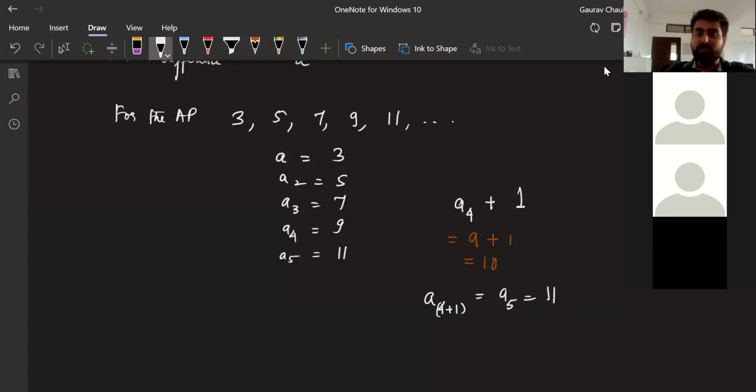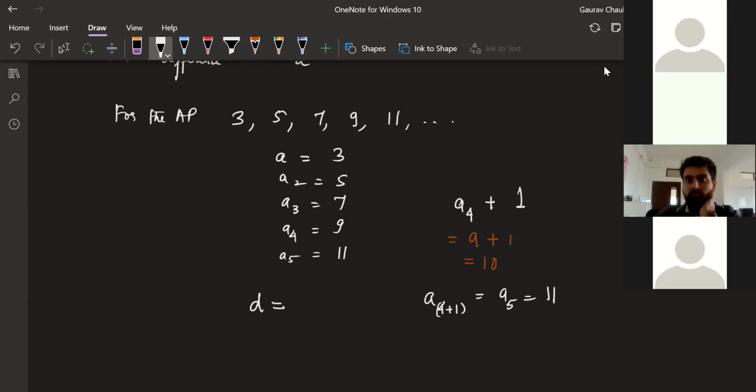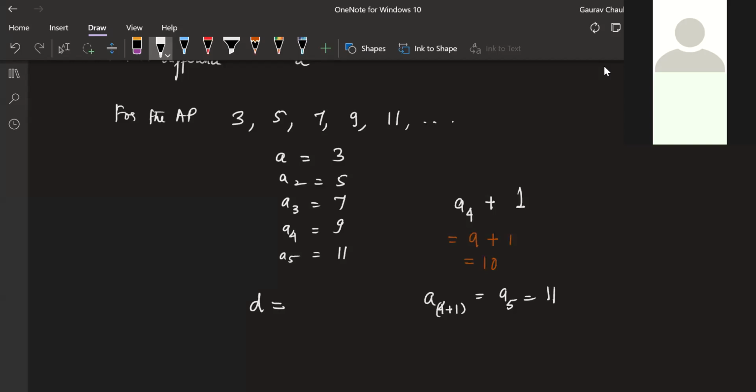Okay. And obviously, what is D for this AP? Anyone raise your hands and tell me what is the D for this AP? Common difference for this AP. Someone other than G and Manisha, maybe Deepak, if you could answer this. 2, sir.